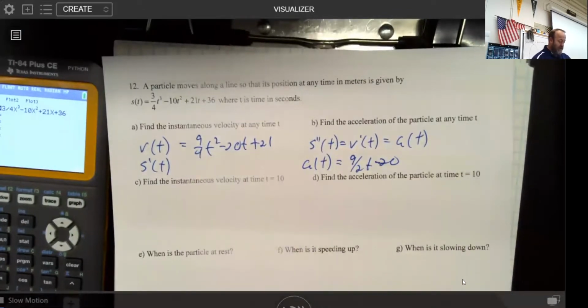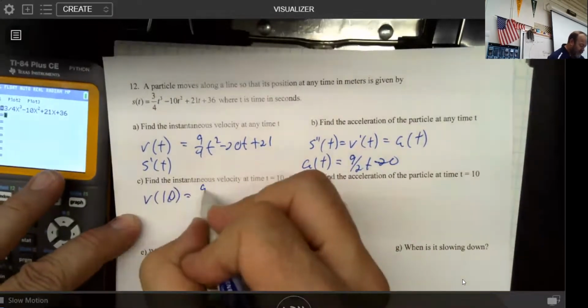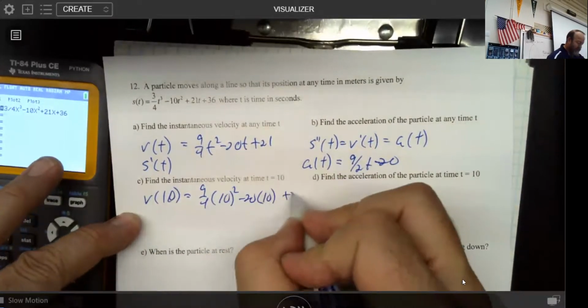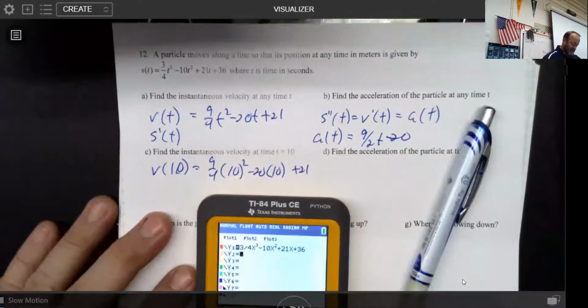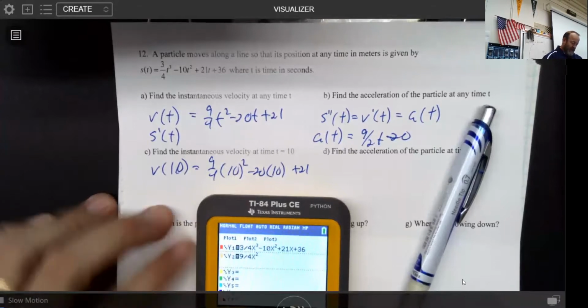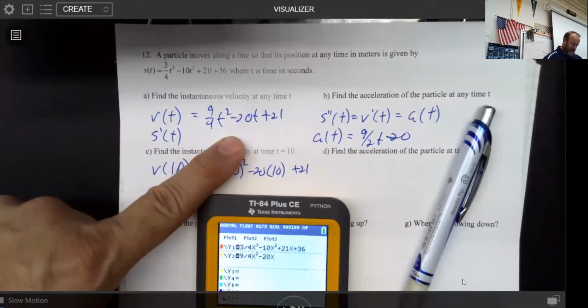What I want to know is what is the instantaneous velocity at 10? So I would like to know v of 10. Of course, I could plug in the number 10 in all of these locations, and it's probably faster, but I'm going to plug this into my actual velocity equation, because I think I'm going to use it in a couple of places.